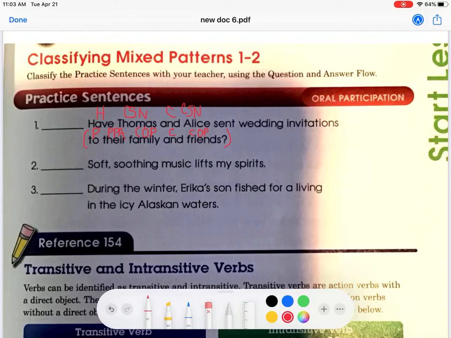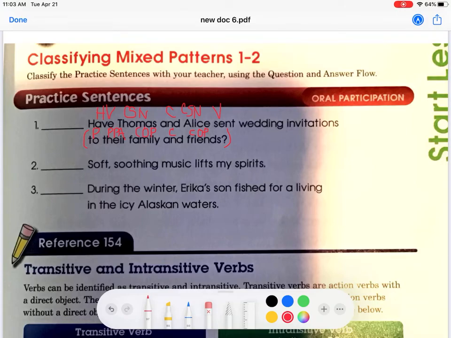So have is our helping verb. And usually when you have a question, your helping verb is always going to be first because they inverted it. So that's always something good to look for at the beginning of a sentence if you see it is a question. So have is our helping verb. Sent is our main verb. Now, to see if it's pattern 2, meaning it's going to have a direct object after the verb, you're going to be looking for a noun, that it's transferring the action sent to something else.